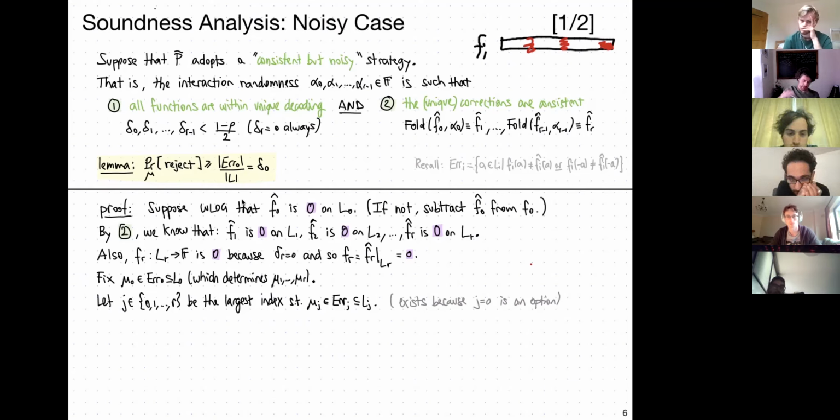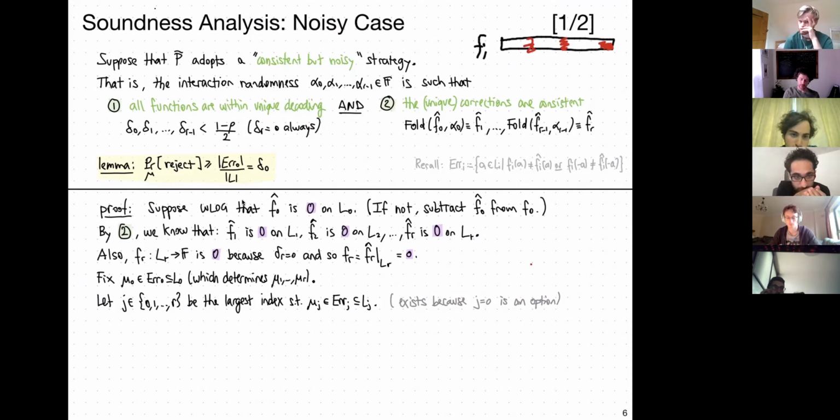Let's denote the furthest round where we still have an error before the prover changes strategy, because by an intermediate value theorem type of statement, there has to exist a point where we got from noisy to non-noisy, from corruption to no corruption. So we fix that point.